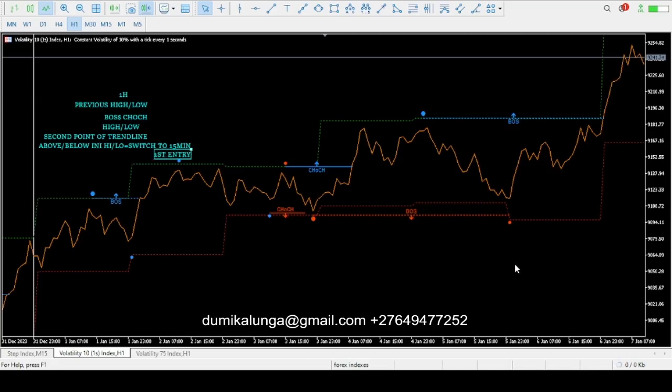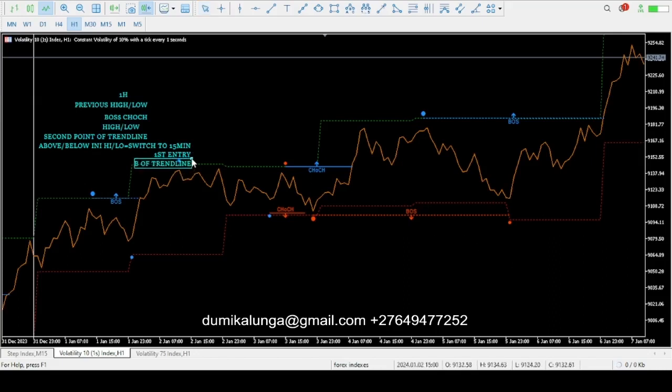Our second entry will be when we break below the trend line, the break of trend line. That's one.